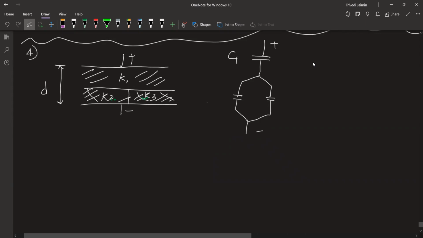How we started? C1, C2, C3. Now, I want the value of C1. Come on, I will ask first Adesha, then next one I'll ask someone else. Come on, C1. Quick, quick. So C1 is equal to K1 A epsilon naught by D by 2. Perfect. C2, Divya.